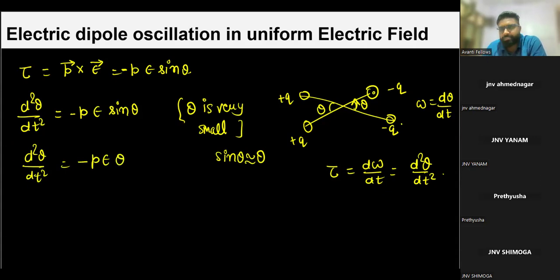और जब हमने oscillation पढ़ा था ना, we have seen this condition that d²θ/dt² is directly proportional to minus theta.